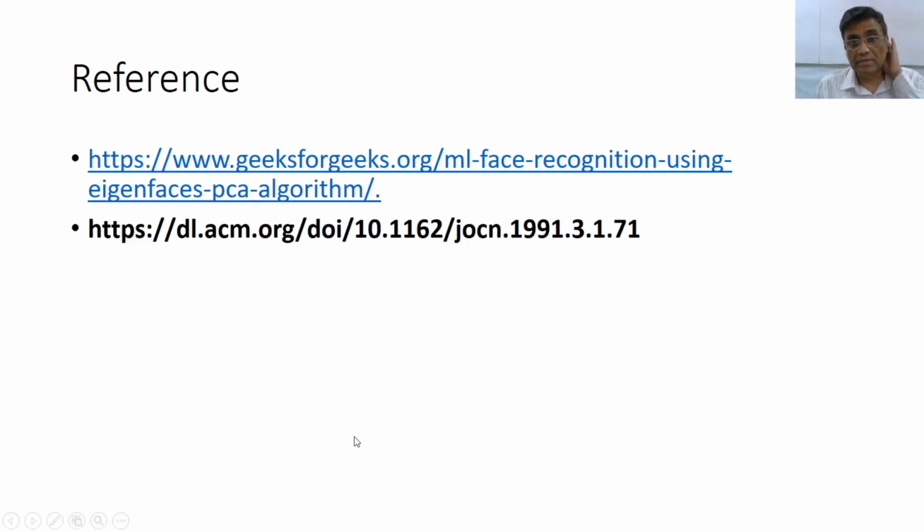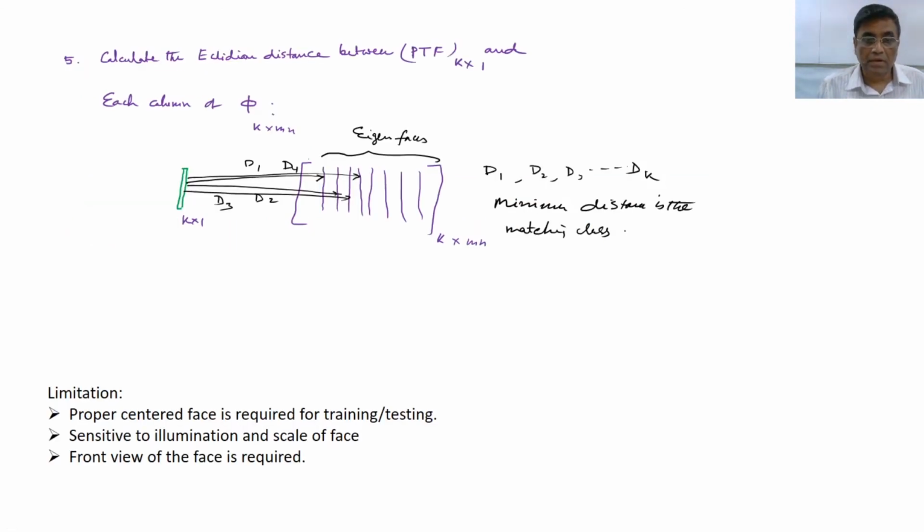And these are the two references. There are lots of such materials, and this is the original paper which talks about the surrogate covariance matrix.